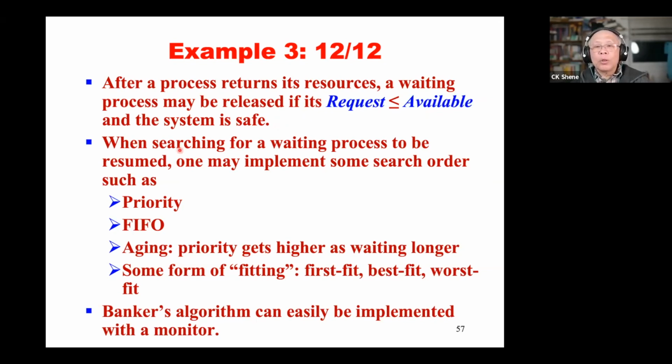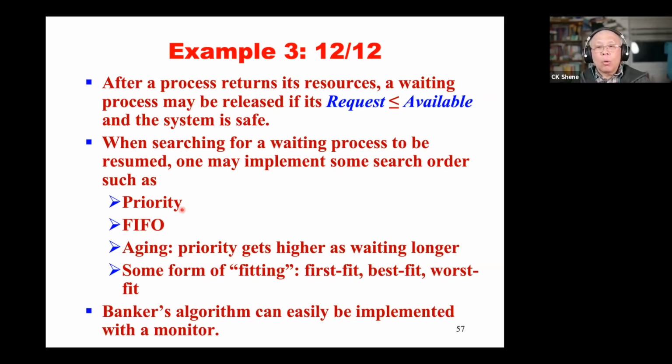So when searching for a waiting process to be resumed, one may implement some search order, such as priority and FIFO. What does that mean? Each process has a priority assigned by the system and stored in its PCB, process control block.